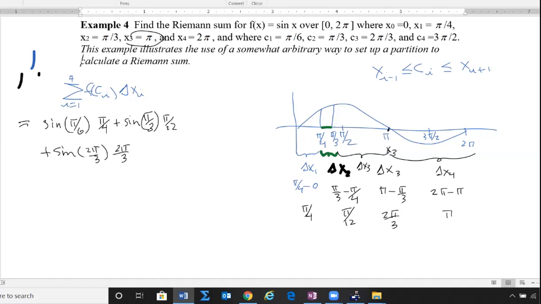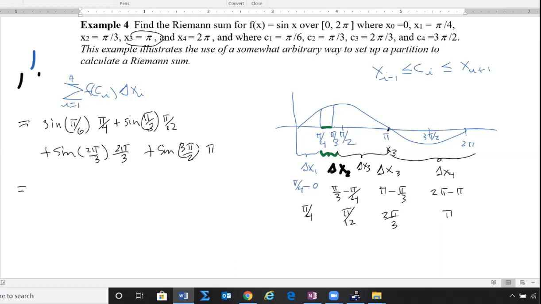And then my last term is the sine of our c sub 4, which was 3 pi over 2, and my delta x sub 4 was pi. So this is it, whatever this comes out to be.